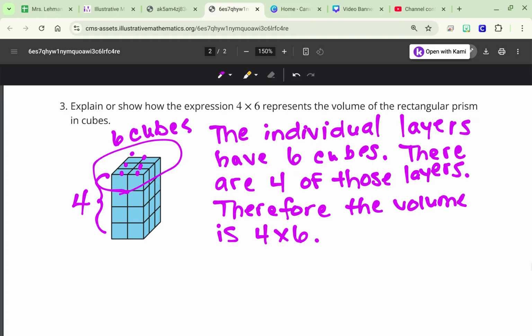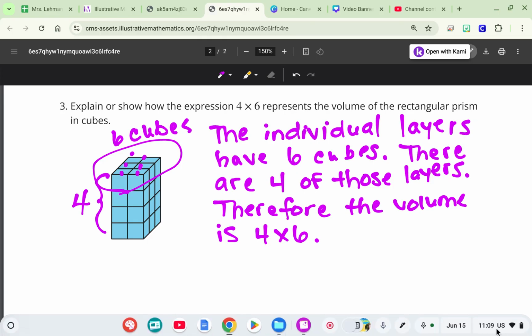Okay, we have related it to what the 4 means, what the 6 means, and we've given some clear rationale for the idea of 4 times 6 representing the overall volume. That completes this Section A checkpoint for Unit 1.